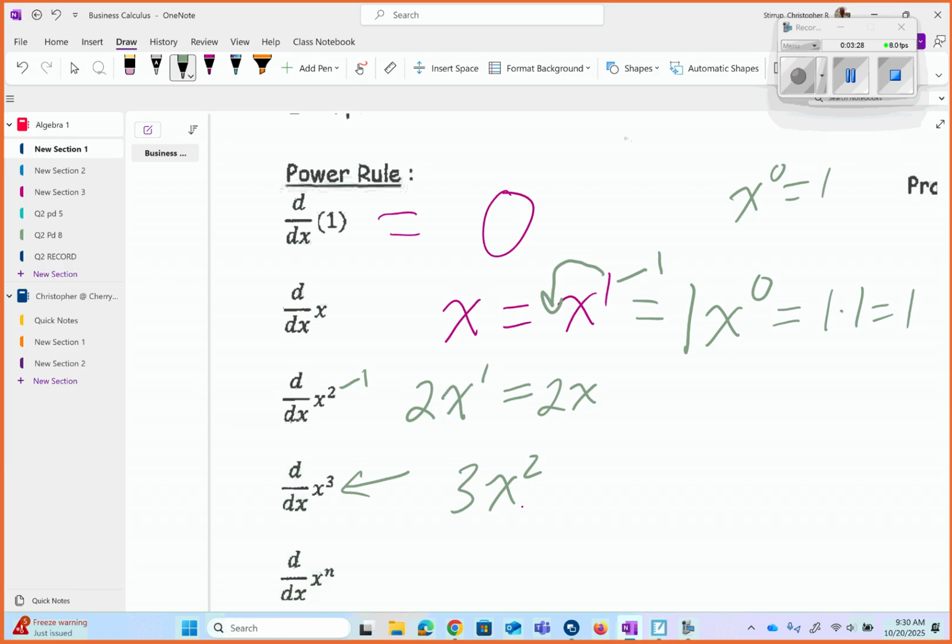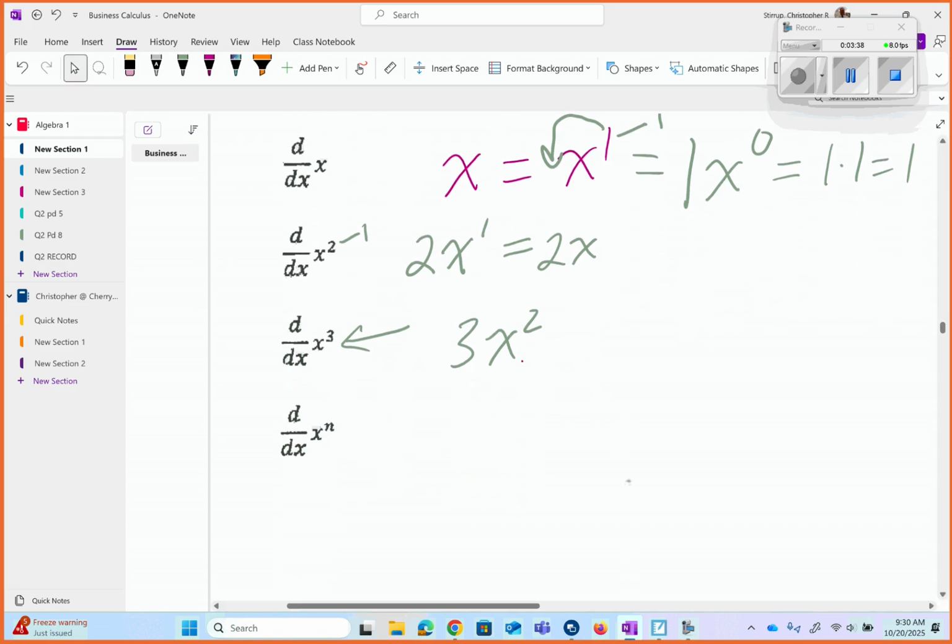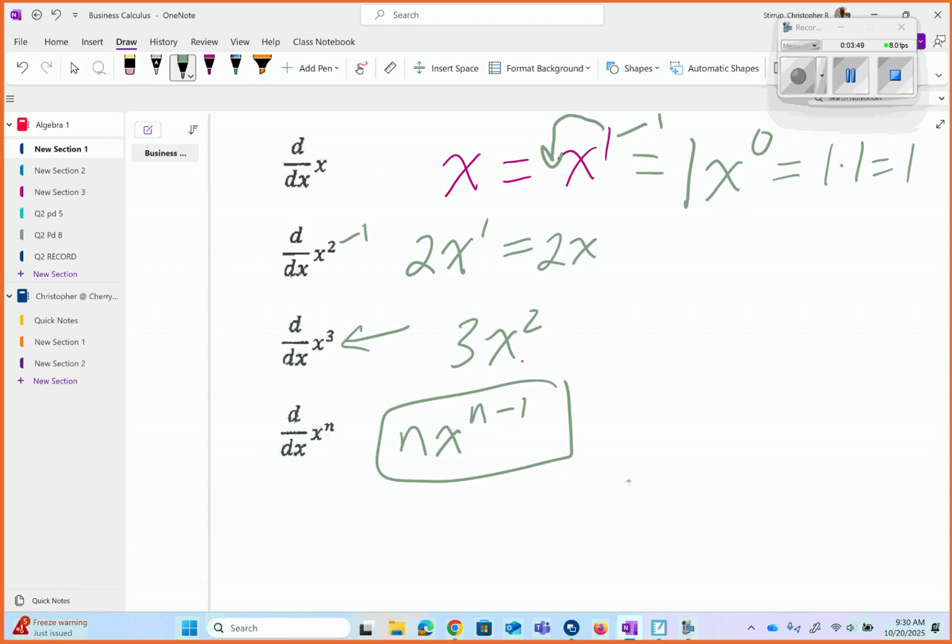Then take x to the third and lower it by 1 degree, or 1 dimension. So x to the third becomes x to the second. Then we introduce a variable raised to a variable: the derivative of x to the n is nx to the n minus 1. Did that follow the rules we've been doing?